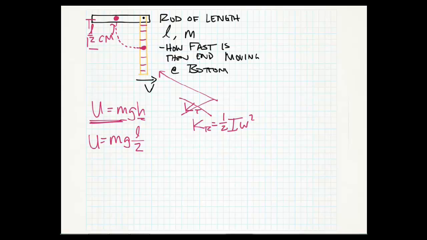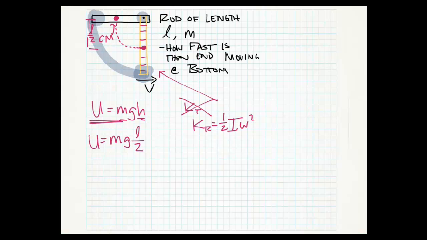If you want a justification for that, think of that rod. This end of the rod is going to fall this far, and it's going to have a lot of potential energy change. Whereas this part of the rod actually doesn't fall anywhere at all, and it has zero potential energy. That's why we consider the center of mass.